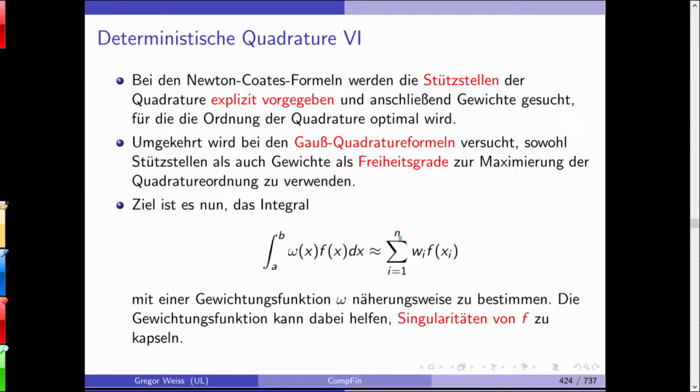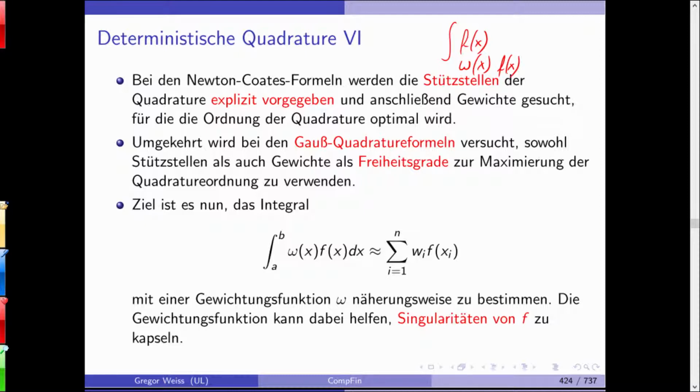So we are trying to approximate the following integral from a to b over omega times f dx by a quadrature formula that is given by a sum, i starting with 1 up to n, over those weighted function values. Why are we not trying to approximate the integral of the function f, but actually of omega f?